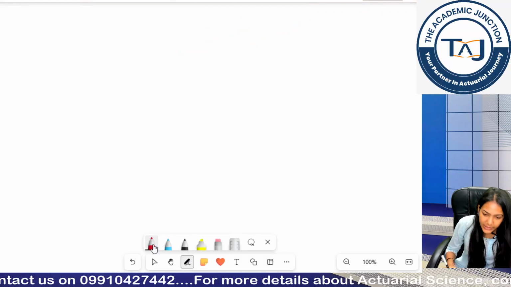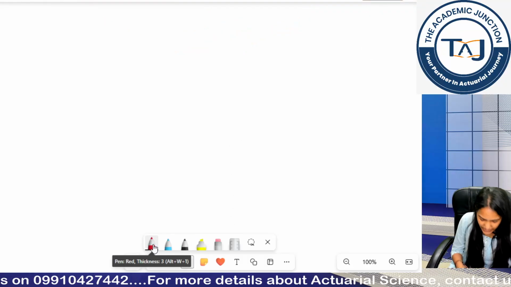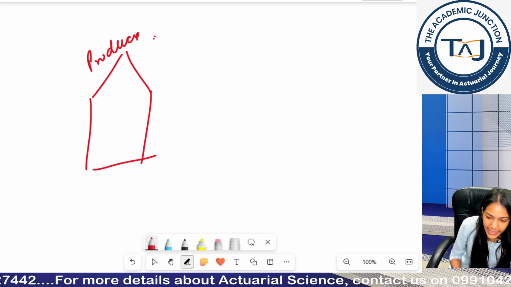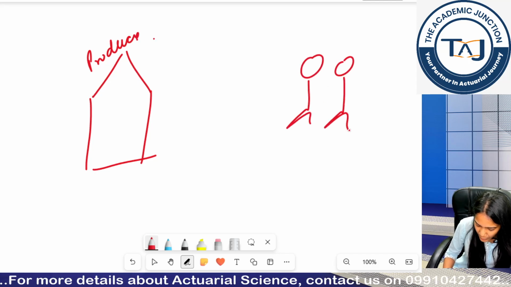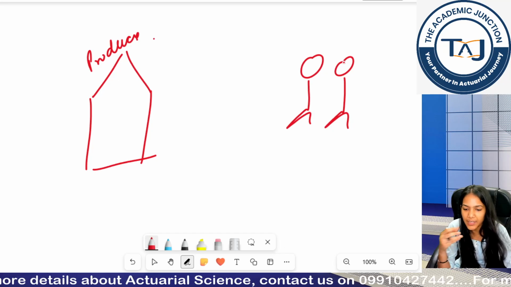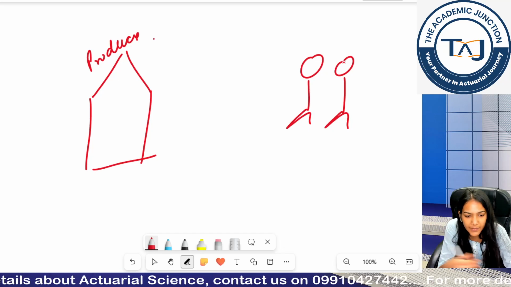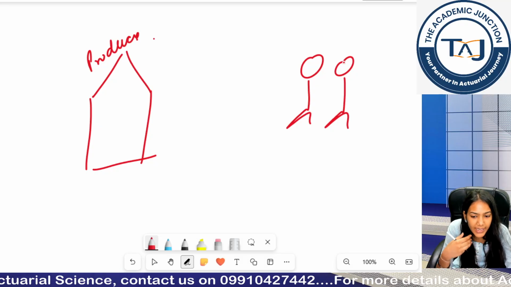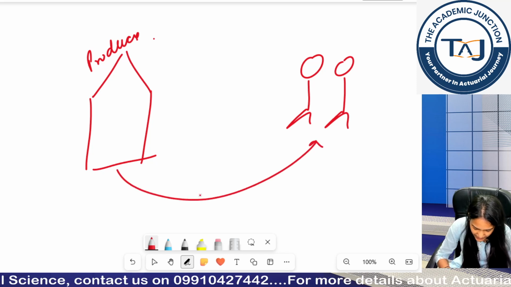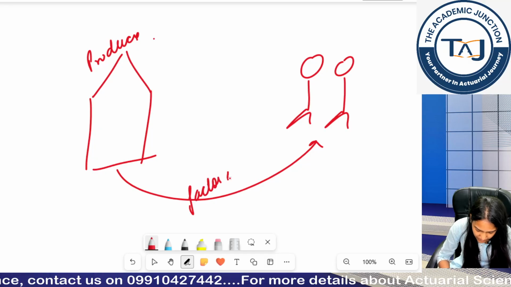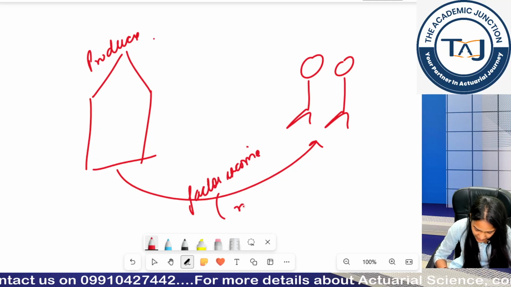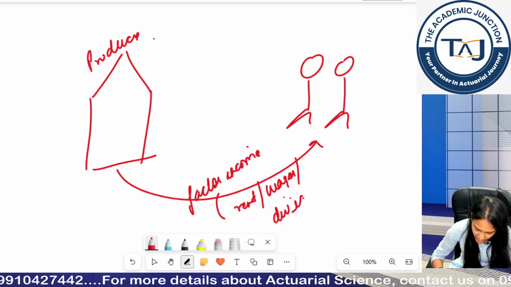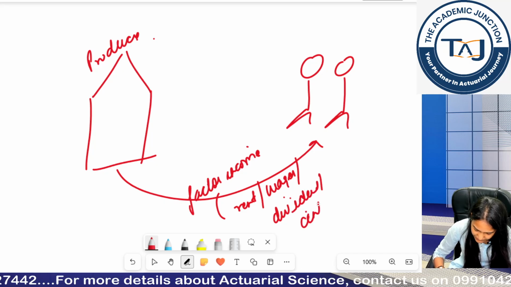Now, there can be another type in which money is involved. How money is involved? Now, this is producers. They have taken factors of production. So, if they have used their land, they will be providing rent on the land, right. If they have used their labor, they would be providing wages to them. So, producers will be giving them factor income, right, which can be rent, wages for their labor, or dividend or interest for their capital.